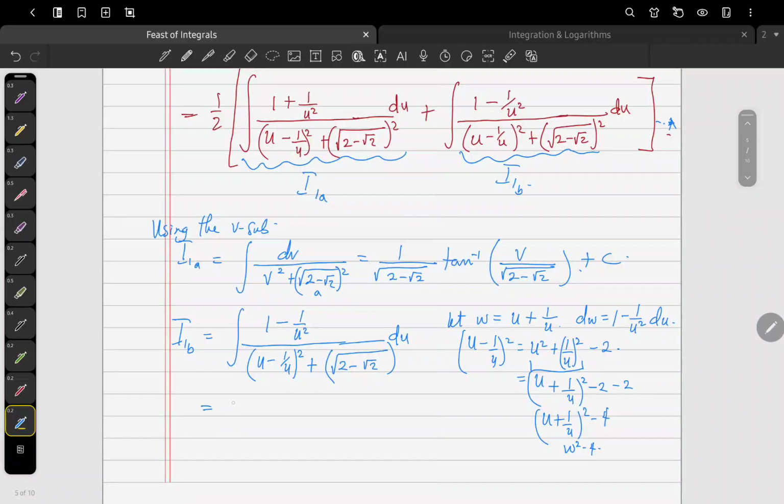So it means our I1b is the integral of 1 minus 1 over u squared du, which we've seen to be equal to dw. So this is dw over w squared minus 4, then plus 2 minus square root of 2, which gives us something interesting.